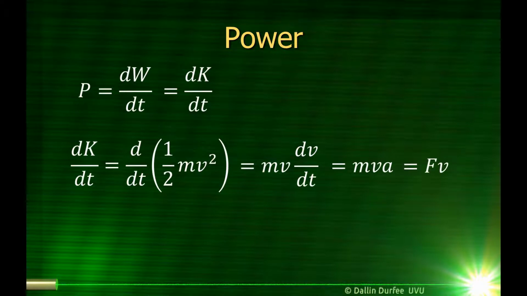But mass times acceleration is just force, so that means that power is force times velocity. In this case, we lost the dot product because we were assuming a one-dimensional problem. But anyway, that is a useful thing to remember, that power is the rate of work being done per unit time, but it can be found by just taking force times velocity.